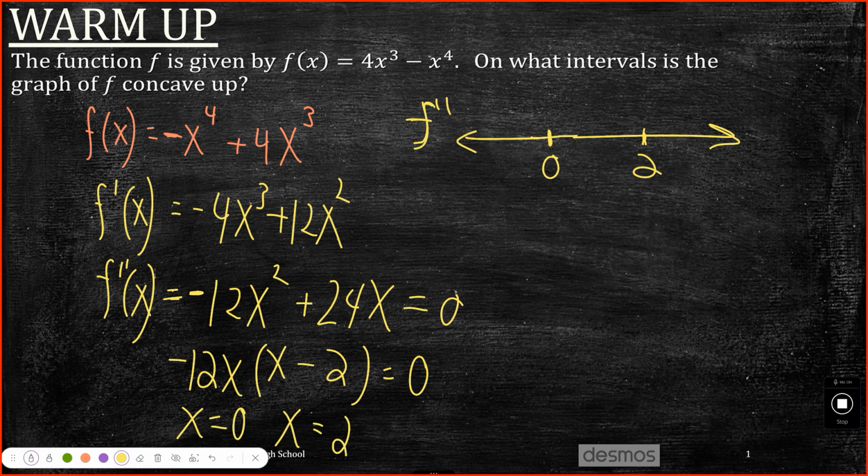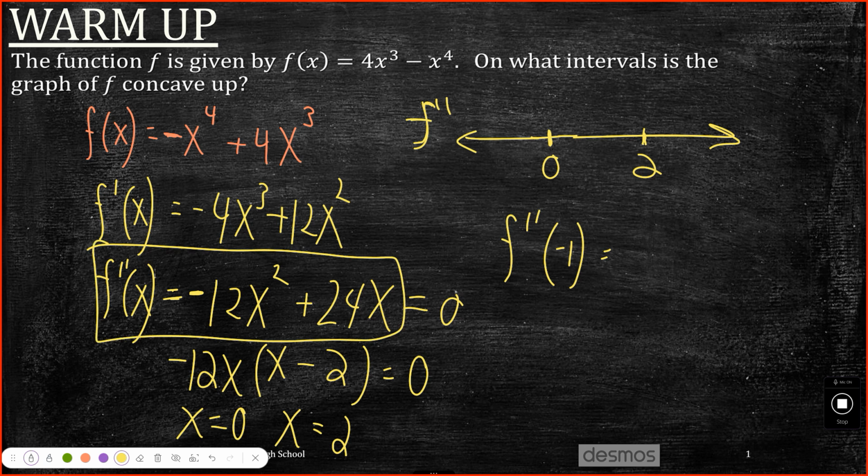So let's do f double prime of negative 1. If I test some number to the left of 0, f double prime of negative 1, in this function here, it's going to be negative. X is negative, that will make this negative, and it stays negative.